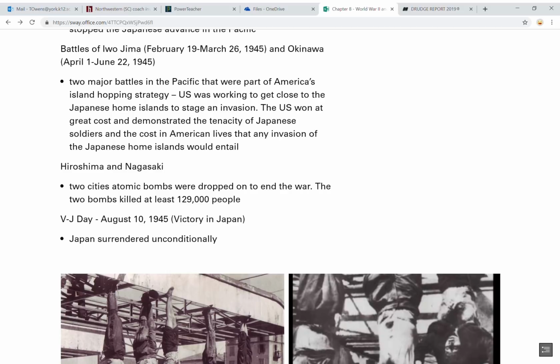I'm going to say, though, that the Battle of Iwo Jima and Okinawa were extremely costly for Americans. The Pacific War was so much different than the European War. We're fighting a different kind of enemy.